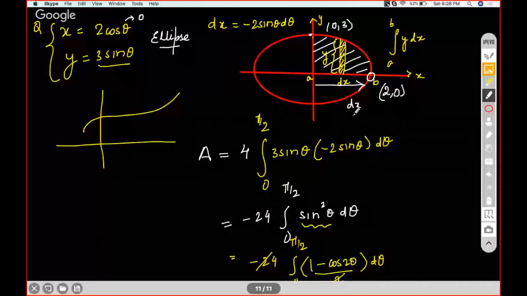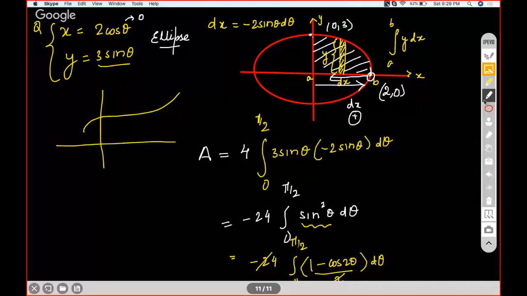So when I started from 0, I went the reverse way. It's the same thing as integrating from pi by 2 to 0. So I made a mistake which I should not have made initially, because I always keep on telling that if you make the right decisions on your height and breadth, you don't have to take a mod. So this should have been 0 and this should have been pi by 2. But anyways, we understood why this sign came out to be negative.